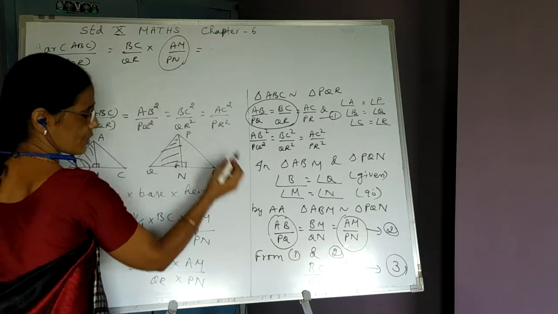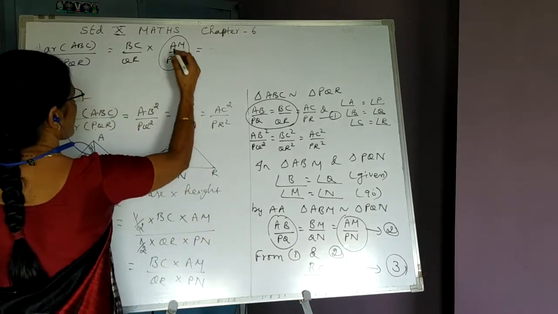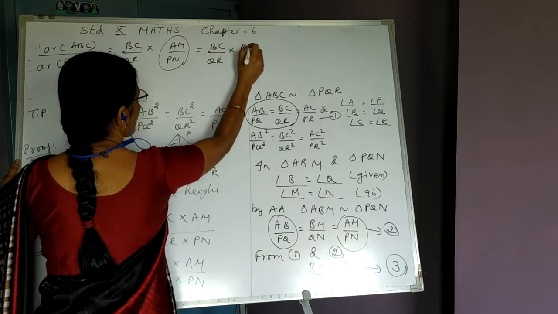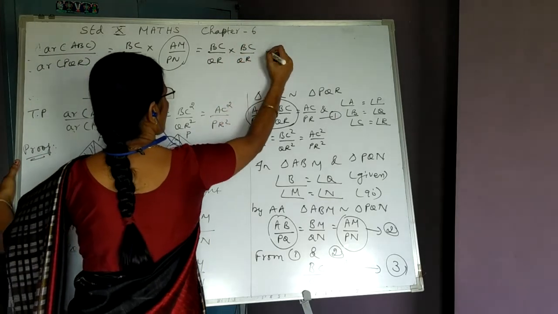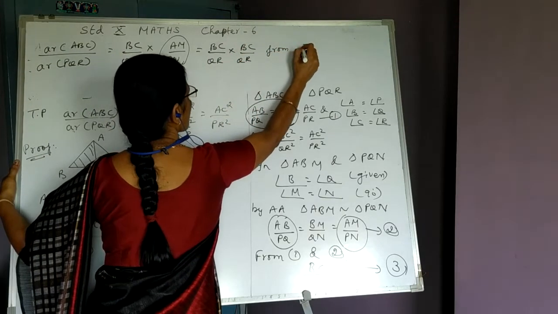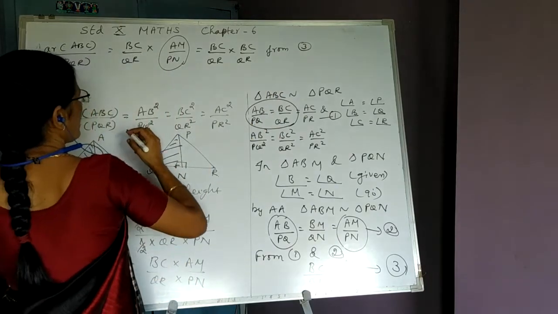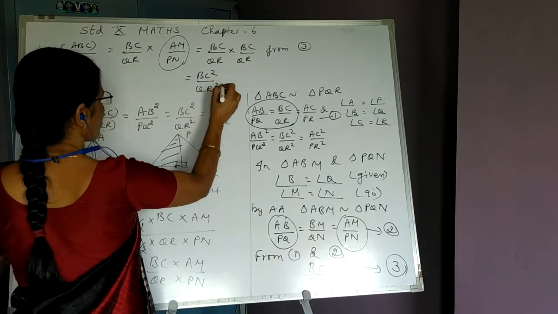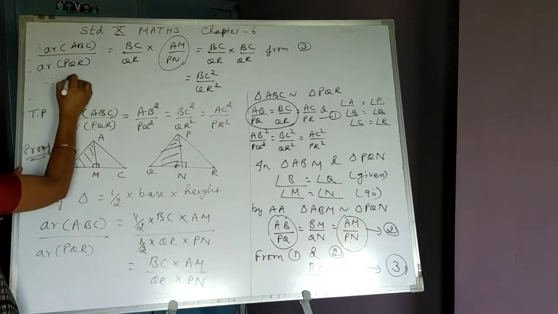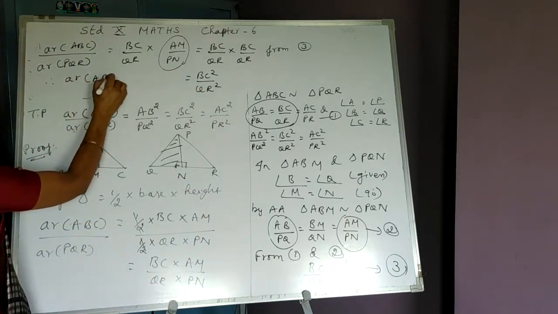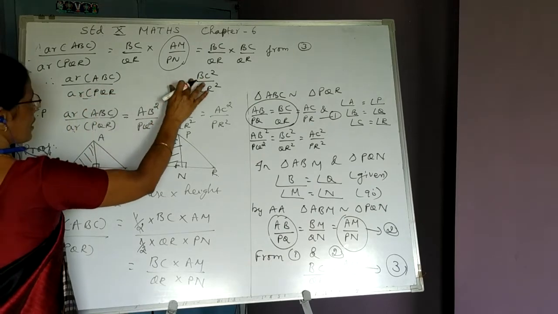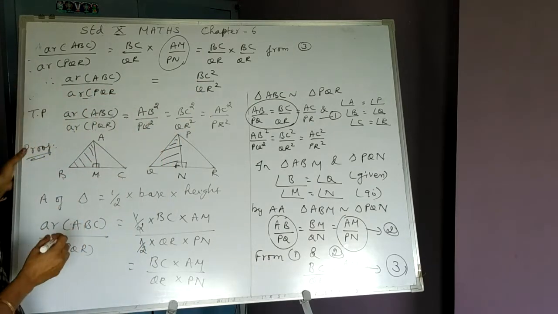Therefore, we are going to substitute this. In the place of this, we take BC upon QR into BC upon QR. This is from which result? Result number 3. So, if you multiply, we get BC square upon QR square. Therefore, we got area of ABC upon area of PQR is equal to BC square upon QR square.